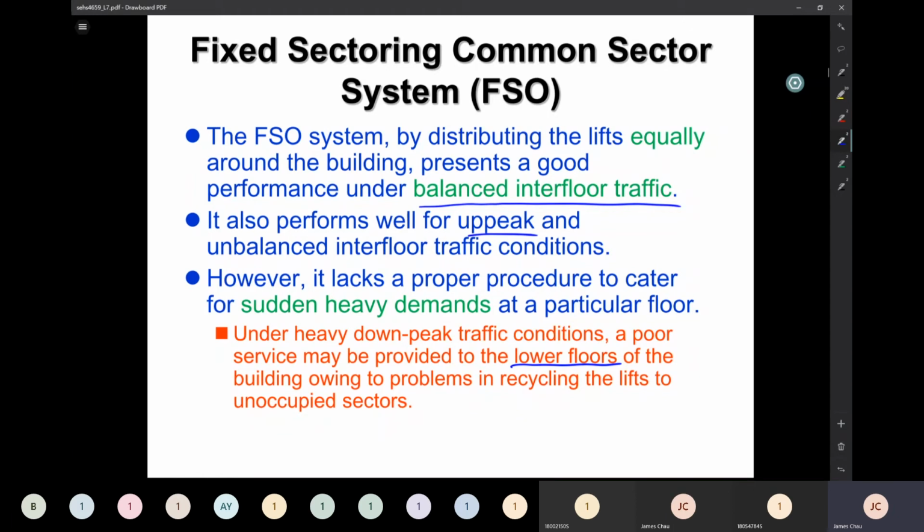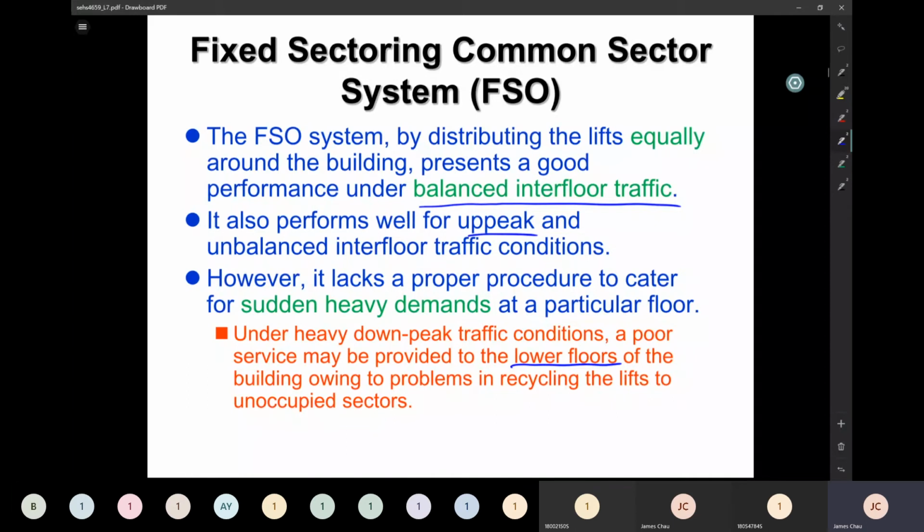This is because the lift system may apply the fixed setter system, so it does not assign any lift to carry the heavy traffic from the lower floors, and the service becomes poor for the passengers, right?